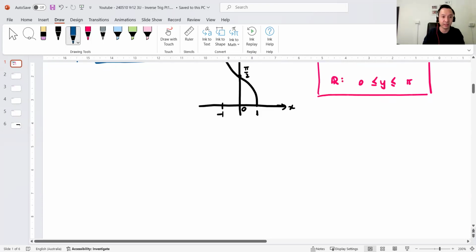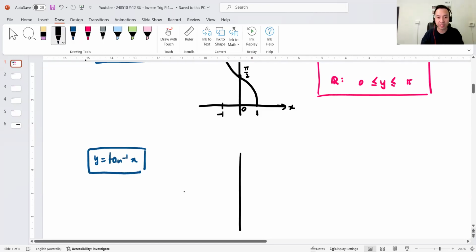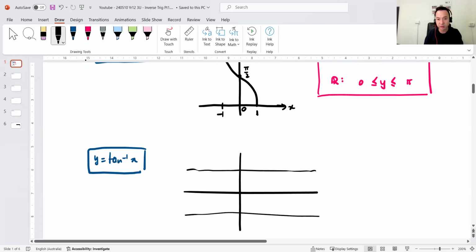Lastly, tan inverse, which is always the weirder one. We have a tan graph, and then we restrict the domain to negative pi on 2 and pi on 2, which takes two of those asymptotes, and then we put it onto its side. So we basically turn it into a sideways trig graph.